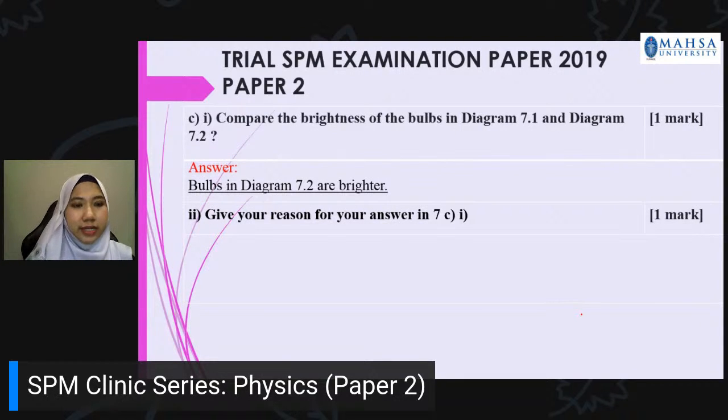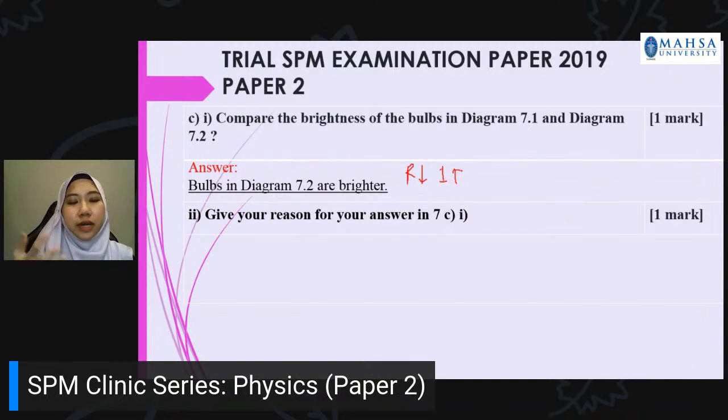So what is the answer? The bulbs in diagram 7.2 are brighter. Why? Because the resistance R is lower, so the current is higher. How about 7.1?